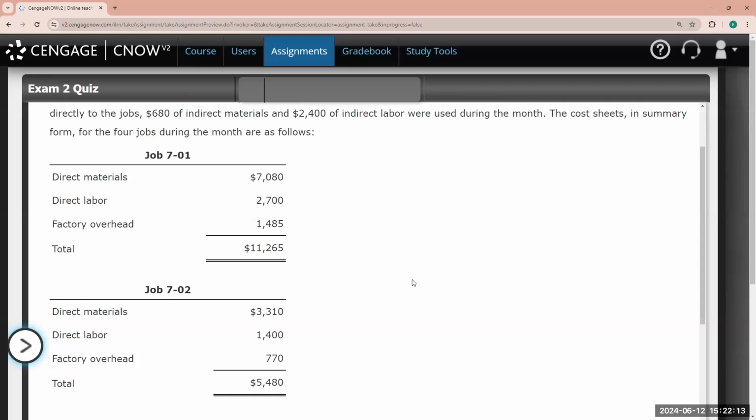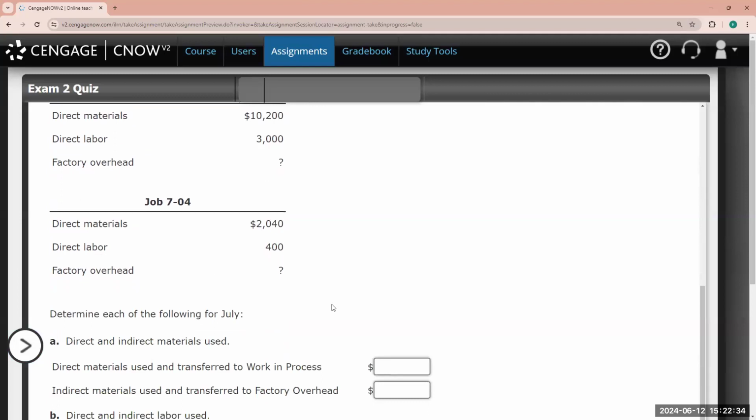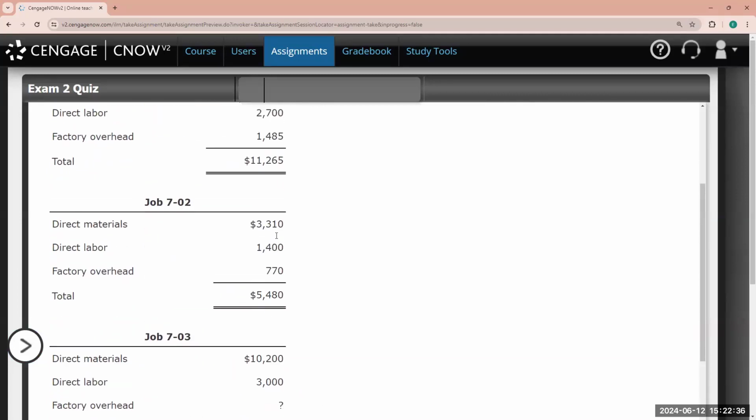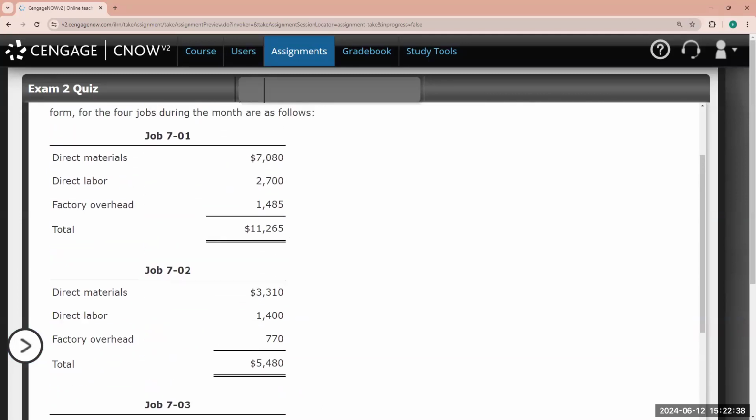And then we need to determine, well, what is our factory overhead rate? In order for us to determine our factory overhead rate, we know that factory overhead is always going to be a portion of our direct labor. So we essentially need to consider what is our rate. And how do we determine our rate? We determine our rate as follows.